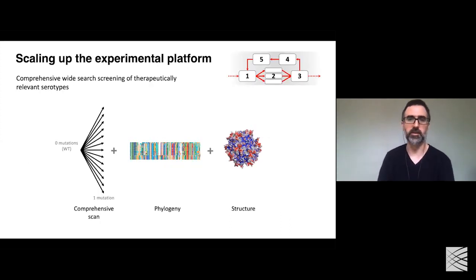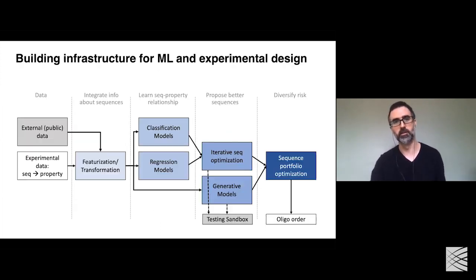So on the experimental side, we now do the same types of comprehensive scans, but we also do that by incorporating information from other publicly available sequences like the phylogeny of AAV, as well as the structures of AAVs and related viruses, as well as actually now, because we have done this several times on other therapeutically relevant serotypes, we have all that data, which is a head start in terms of wanting to build a library for new serotypes. So we incorporate that into the design as well.